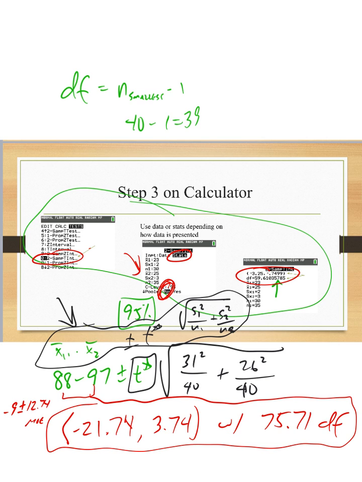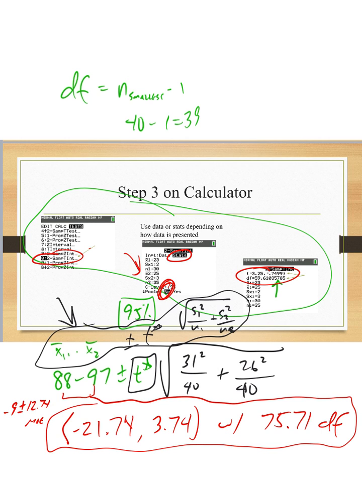And that interval got us pretty far into the negatives, but also possibly into the positives. So we're 95% confident that seniors spend somewhere between about 22 minutes less to about 4 minutes more on social media per day.